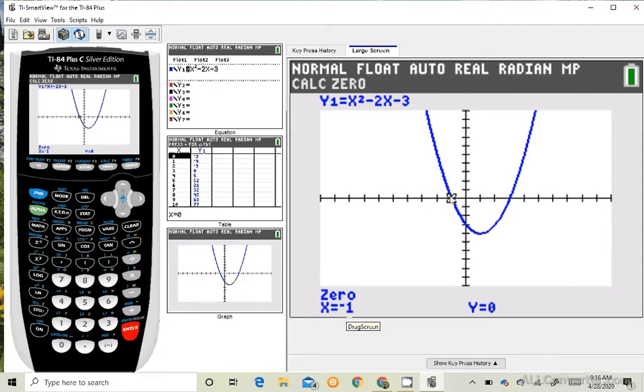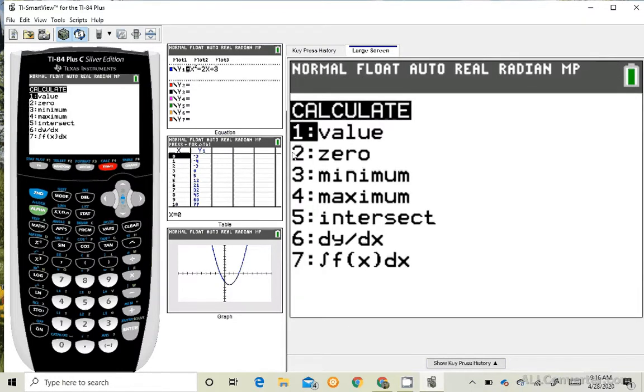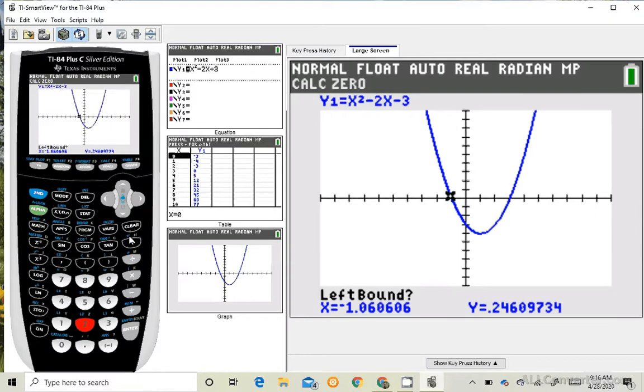All right, now I want to find my second one over here on the right, and I'm going to do the exact same process. I'll hit the second and trace button, and then I'm going to choose number 2 for the zero function. And then it says left bound, and it doesn't really matter where, as long as I'm on the left side of the point I'm looking for, but I always like to pull it down here closer to the actual point.